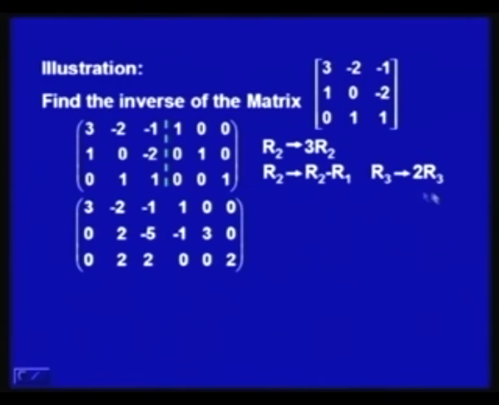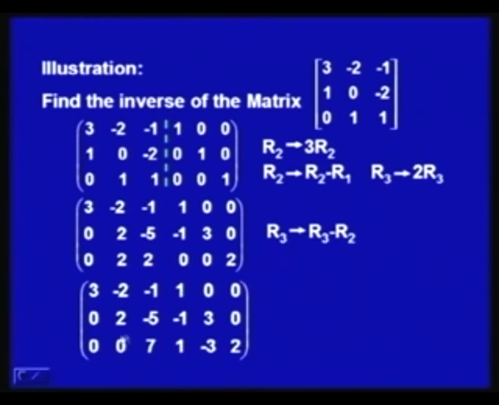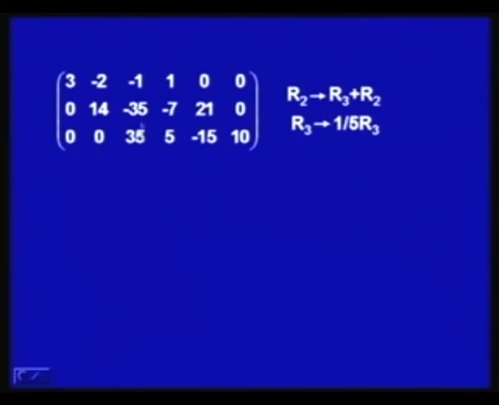So, these transformations give us this matrix. Now, R3 is R3 minus R2, so even this will become 0, and then this has to be made 0 and this has to be made 0. So, R2 is 7 times R2 and R3 is 5 times R3, and that will make the two coefficients equal.